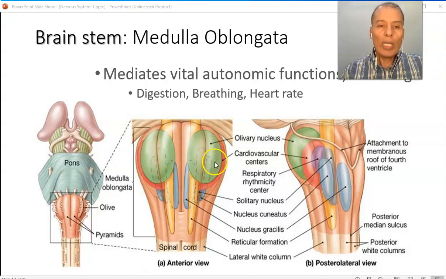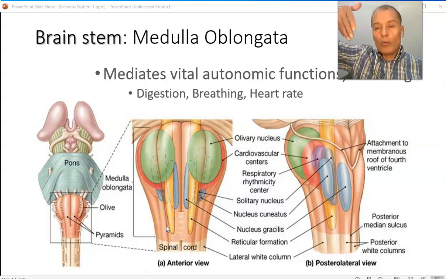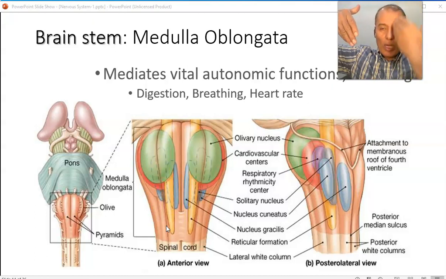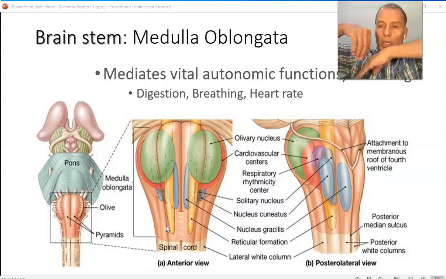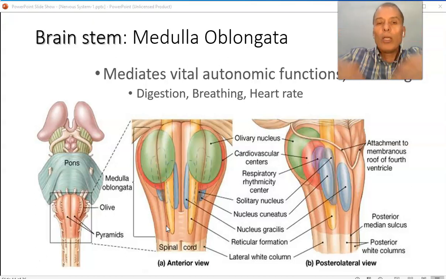In the inferior segment of the medullary pyramids, there's an area where motor pathways from the right side of the brain cross over to the contralateral side of the body to control the contralateral side of the body. And we call this area of the crossover, where the left side neural pathways cross over to control the right side, the pyramidal decussation.